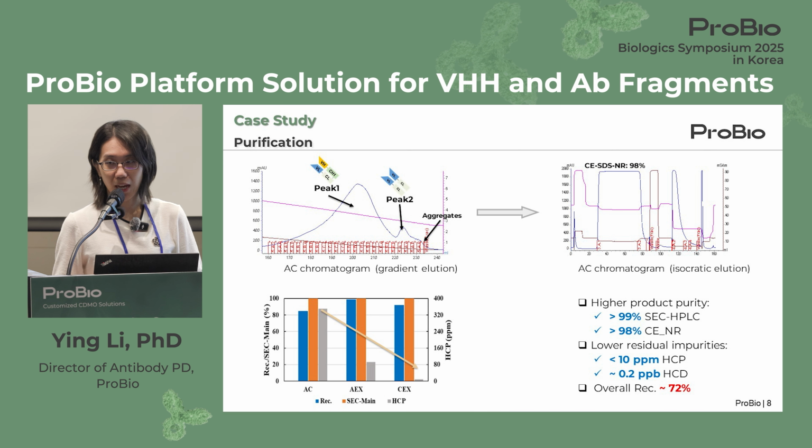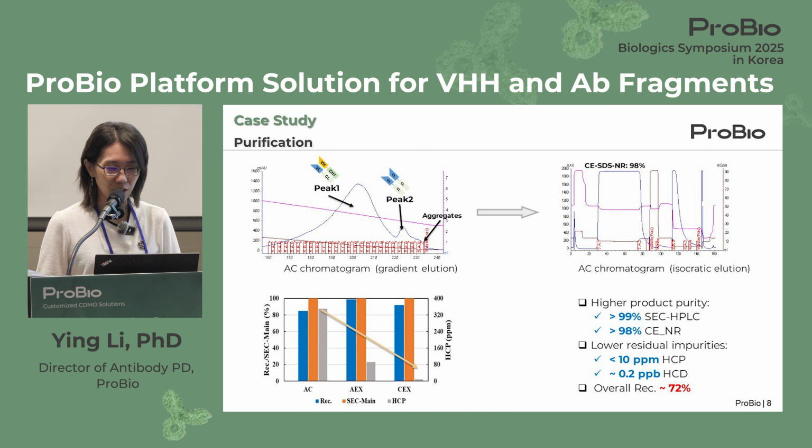So after we picked the affinity resin, we did a linear gradient elution at different pH and tried to see if there's any resolution of our main protein of interest versus the rest of the impurities. As I mentioned, interestingly, for this molecule, the main impurity species are the homodimer.